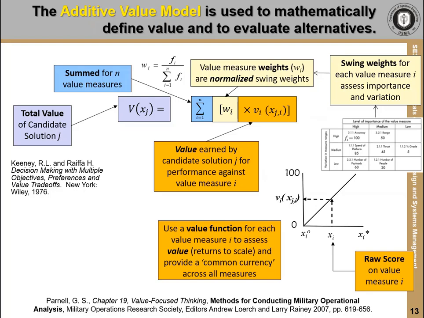So we take the global weight for value measure i, and that's the number we use in the equation for Wi. We multiply Wi and Vi of xji, and then we sum those products over all n value measures.